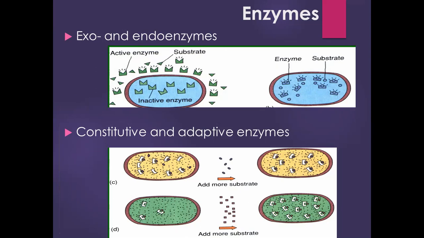And the other enzymes, adaptive: bacteria produce this enzyme only if some substrate is present in the environment. In this case, bacteria produce a higher concentration of this enzyme. The bacterial cell is very small, so it produces only the enzymes necessary for adaptation to the nutrition media and environmental conditions.